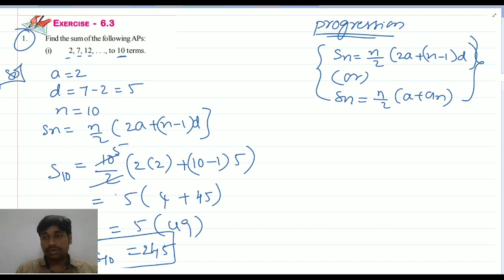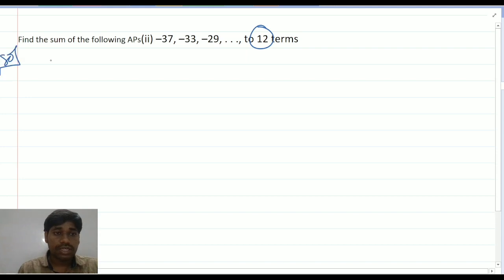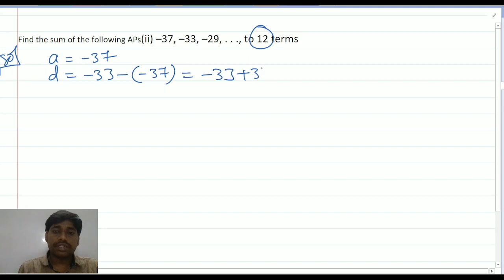Nearly 3 questions we did. Same question: find the sum of the following terms. How many terms? 12 terms we have to calculate. So here a is minus 37, and the common difference is minus 33 minus of minus 37, that is minus 33 plus 37, which is plus 4.